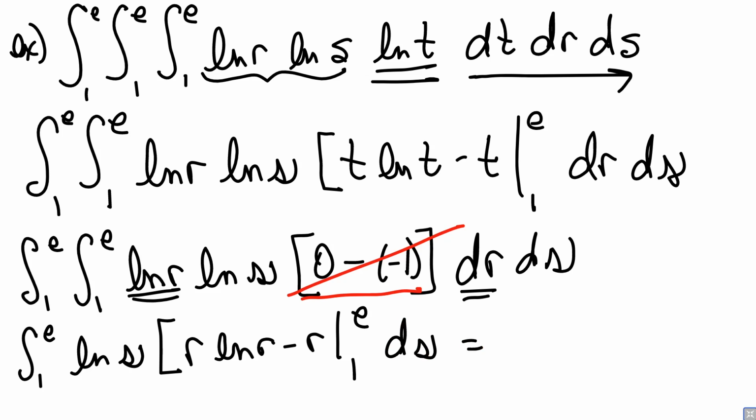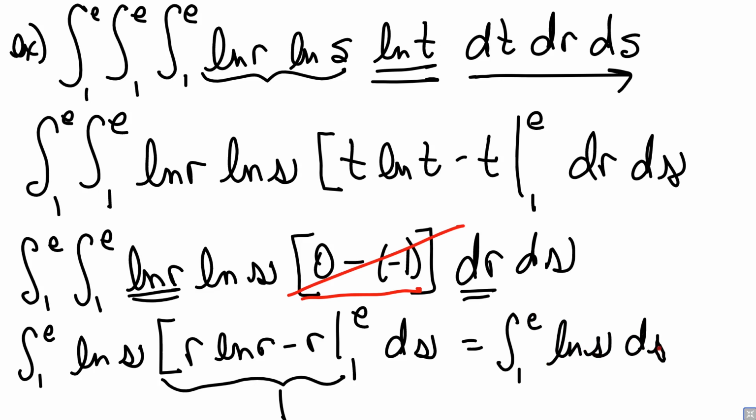Well, when we evaluate this from 1 to e, we know it's going to end up with a value of what? 1. Okay. So now, all we're going to be looking at is the integral from 1 to e of the natural log of s ds.